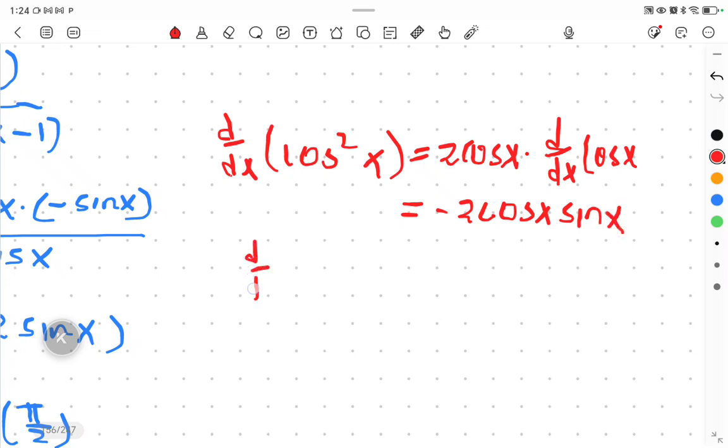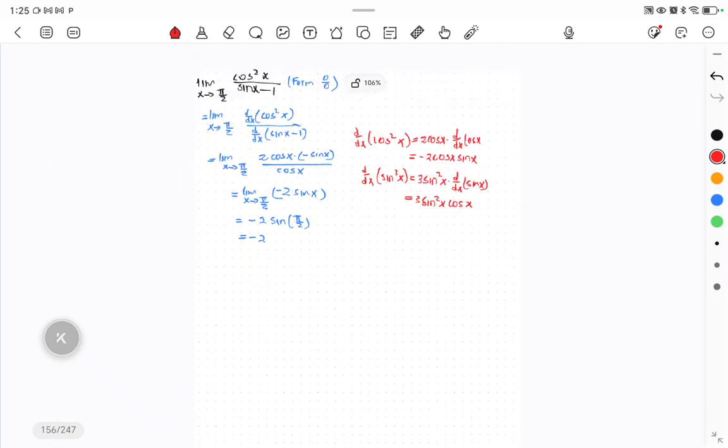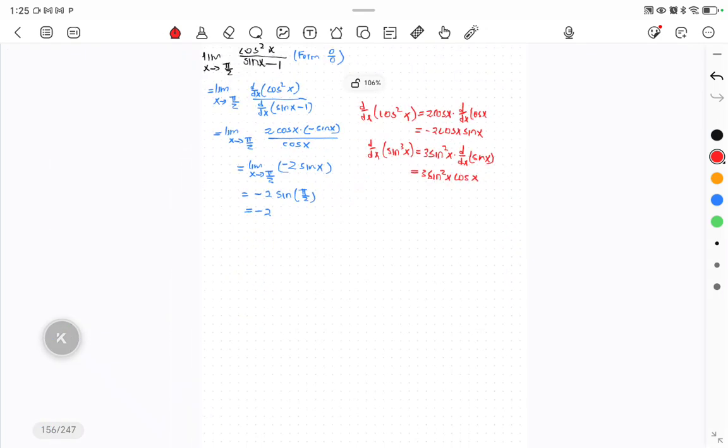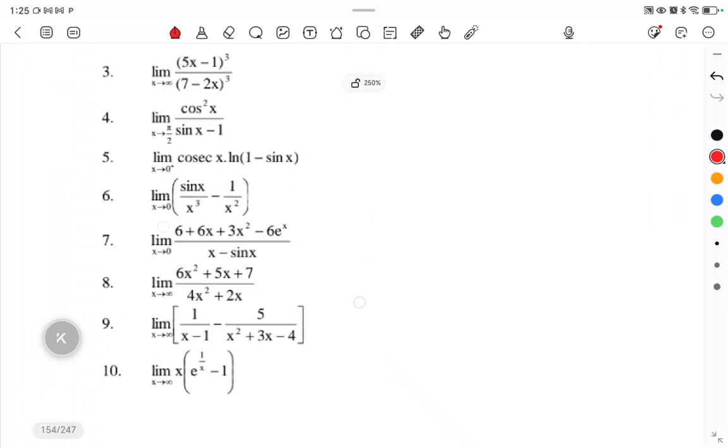And then the derivative of sine to the third x would be 3 sine squared x times the derivative of the inside, which is sine x. And this would be 3 sine squared x cos x. You see, right? Something like this. So we're done with this.